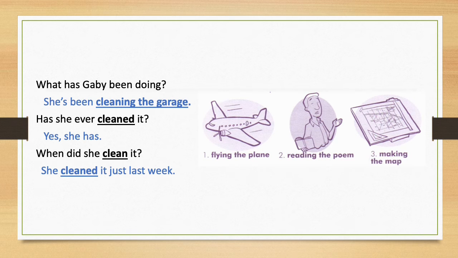What has Gabby been doing? She's been cleaning the garage. Has she ever cleaned it? Yes, she has. When did she clean it? She cleaned it just last week.